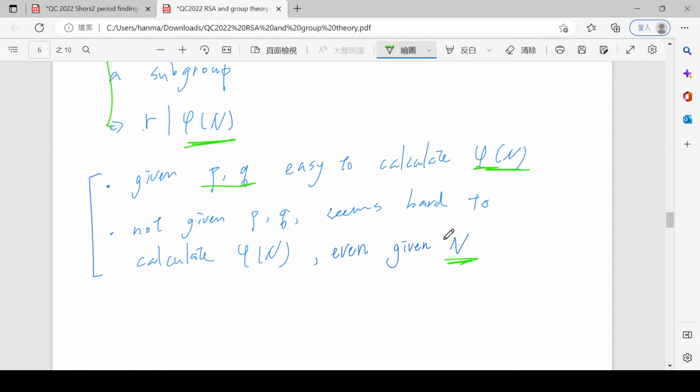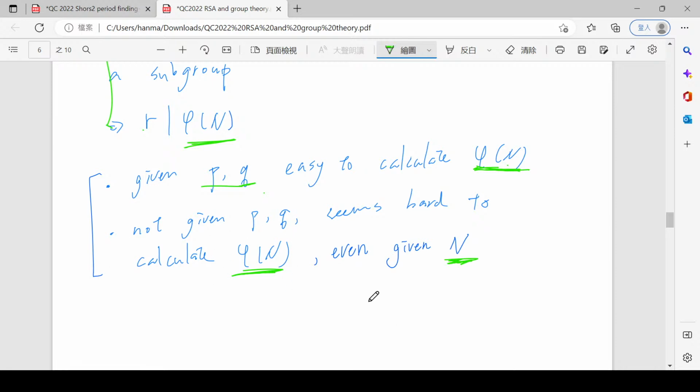And it also seems hard to get phi of n. But anyway, the shortest way to break RSA is, given n, you factor it into p and q, then you can get phi of n. So that's the secret key. But if you are not given p and q, then some calculation around phi of n seems to be hard.